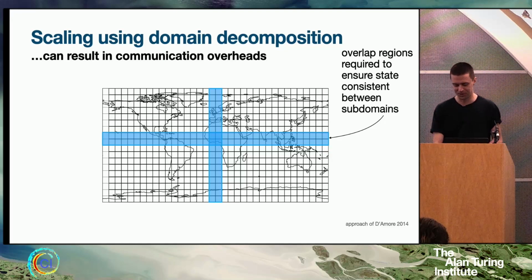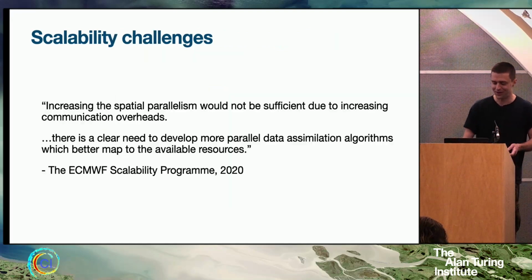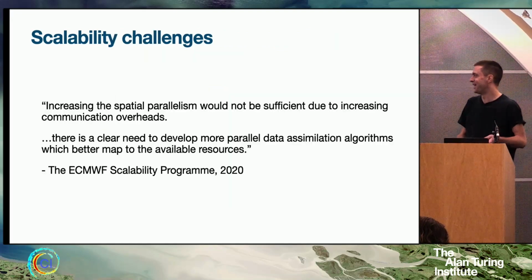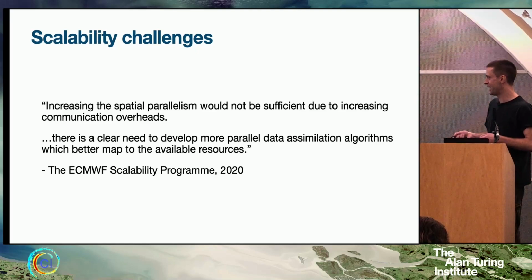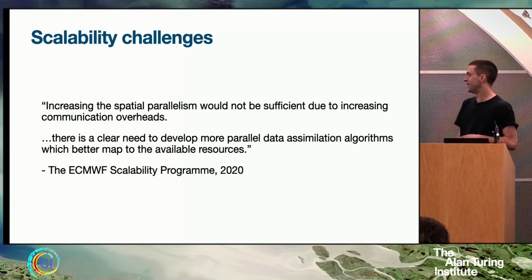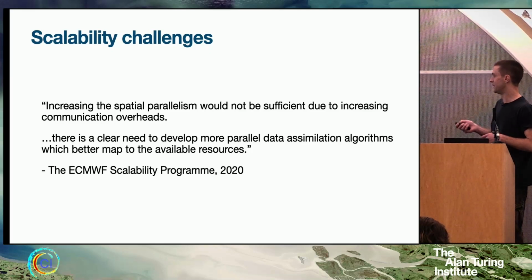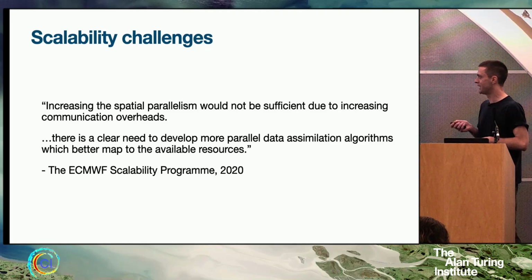And so is this a real problem? Well, we hope so, and indeed, in this report from the ECMWF, they talk about this a little bit. They're talking about increasing the amount of data processed by data assimilation. And they have this quote: "Increasing the spatial parallelism", so I guess dividing into more subdomains, "would not be sufficient due to increasing communication overheads."